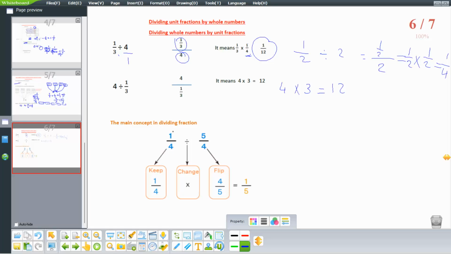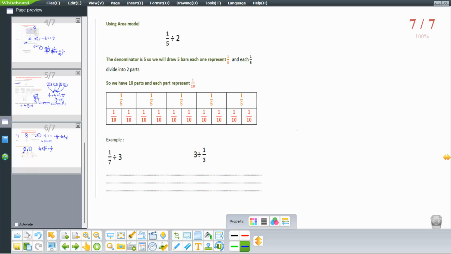Because the main concept of division is keep the first one, change divide into multiplication, and flip the other fraction. A quarter divided by 5 over 4 means a quarter as it is, divide becomes multiplication, and 5 over 4 will be 4 over 5. So we can simplify, 4 divided by 4 equals 1, it will be 1 over 5. Keep it, change, flip. Never forget the division. Keep it, change, flip.